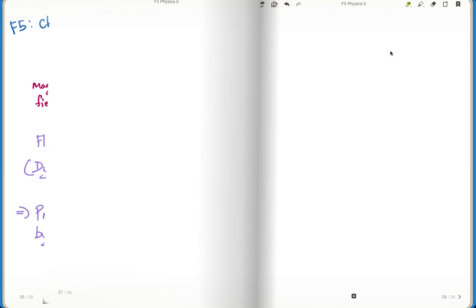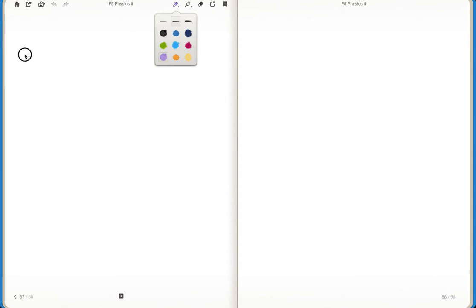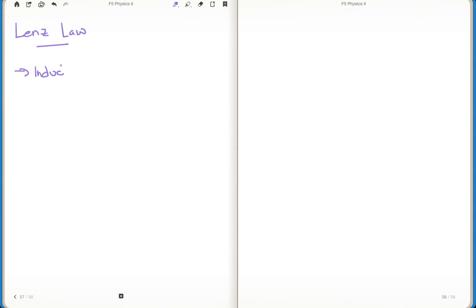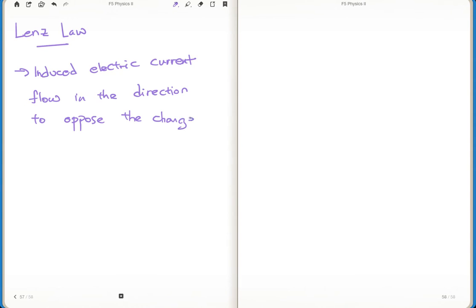Lenz's Law summarizes it and eventually becomes a law. Lenz's Law says the induced electric current will always flow in the direction to oppose, meaning against, the change causing it.